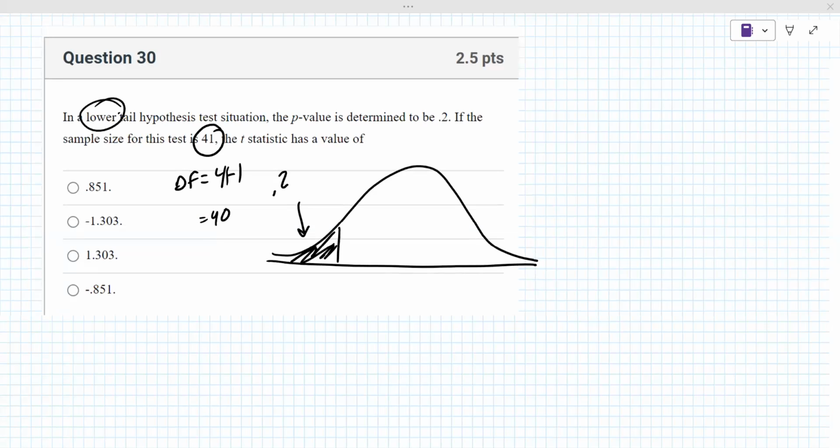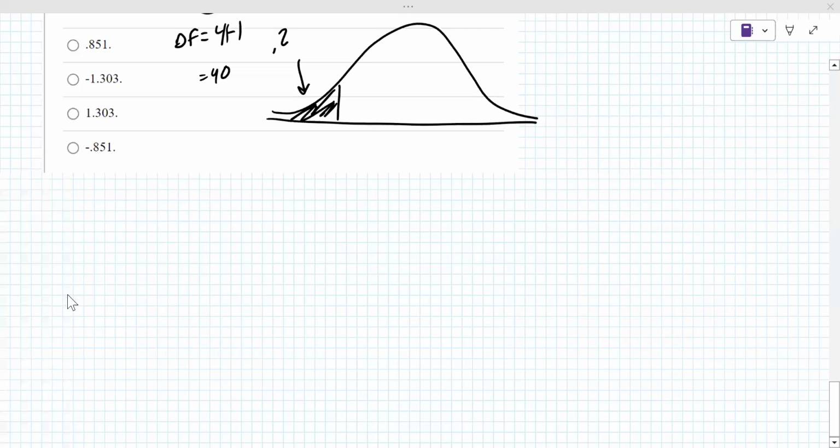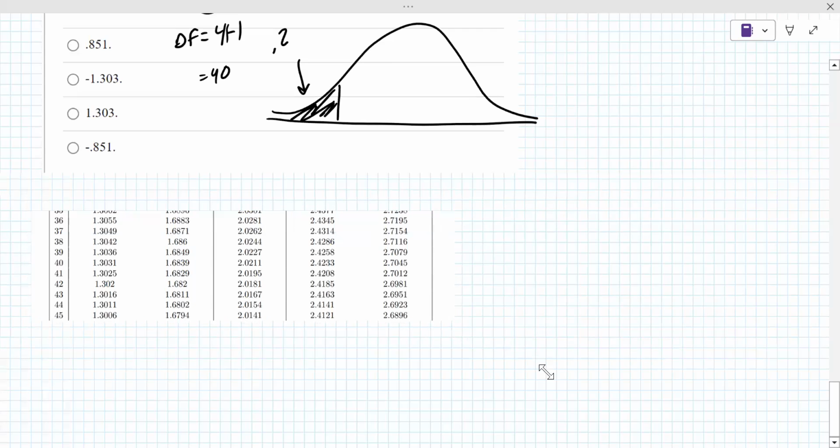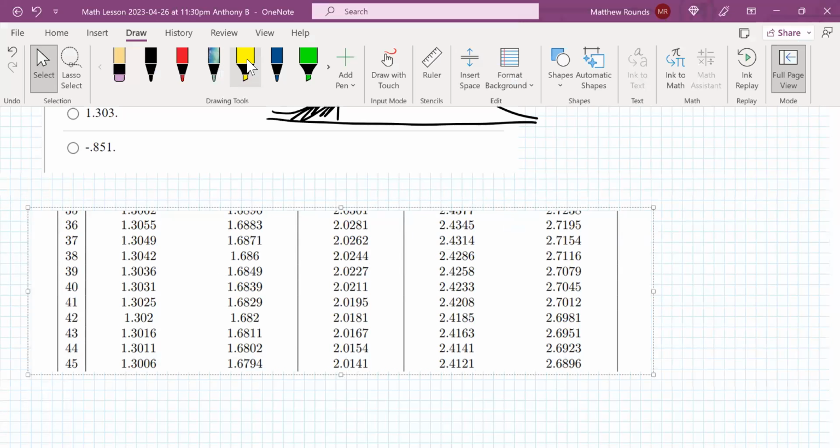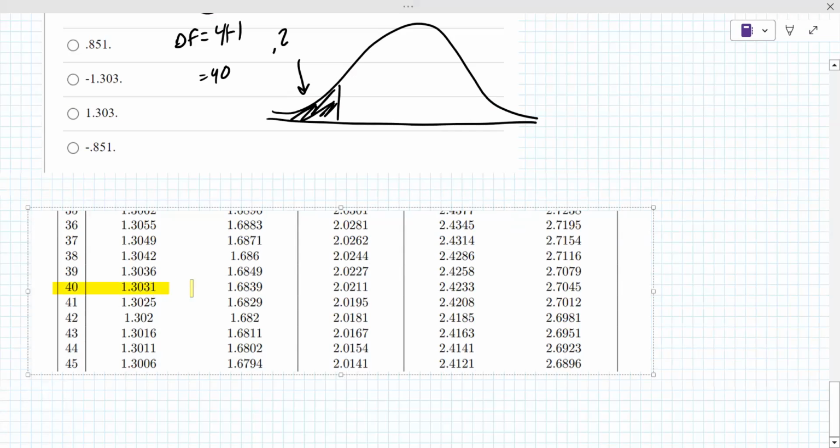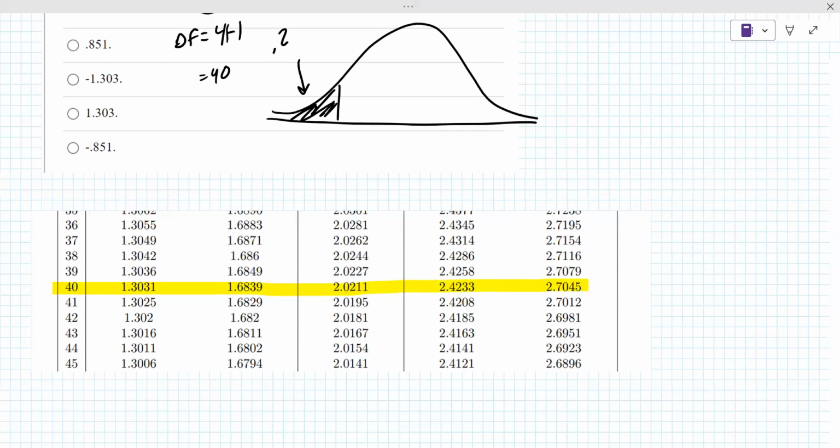And let me pull that up here. All right, so 40 degrees of freedom here. You're looking at everything here in this row. And it's like, well, which one do you want? So the top of the table, 0.2, we want 0.2.